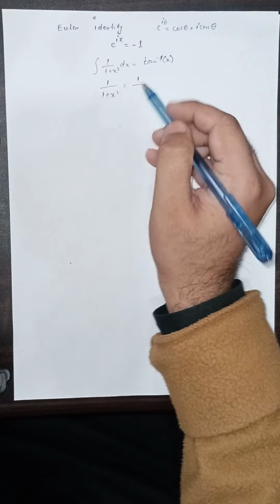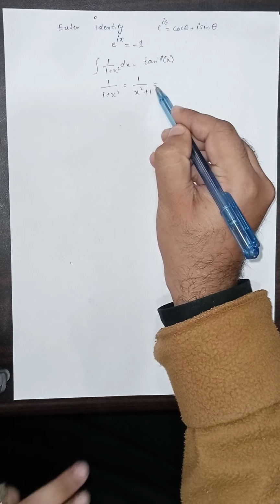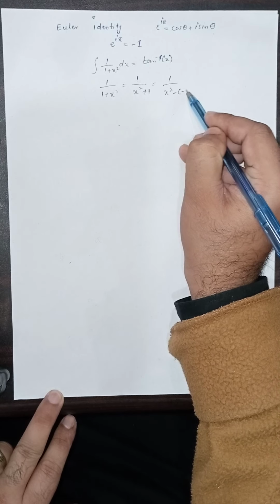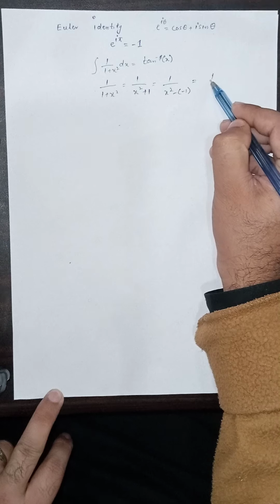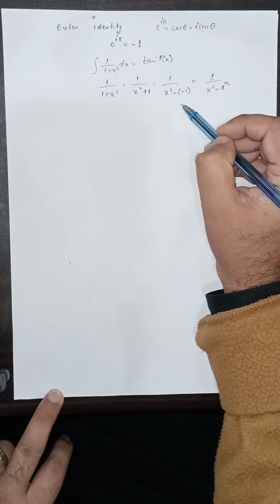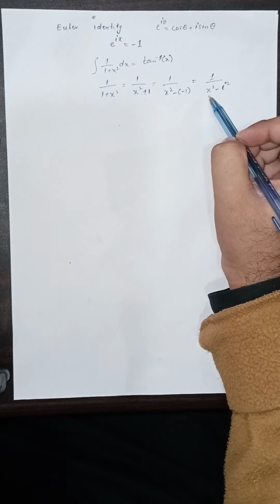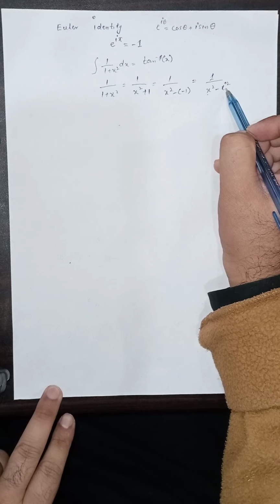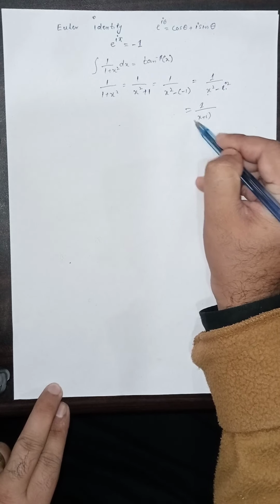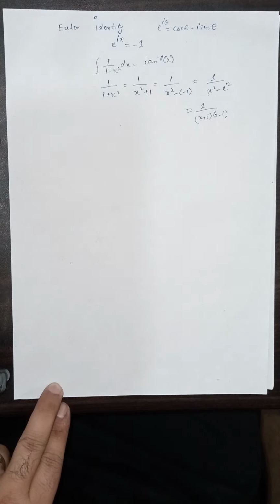So 1 divided by 1 + x² is equal to 1 divided by x² + 1, which is equal to 1 divided by x² minus (-1), which is equal to 1 divided by x² minus i², because -1 is equal to i². So it is x² minus i², which is equal to 1 divided by (x + i) into (x − i).